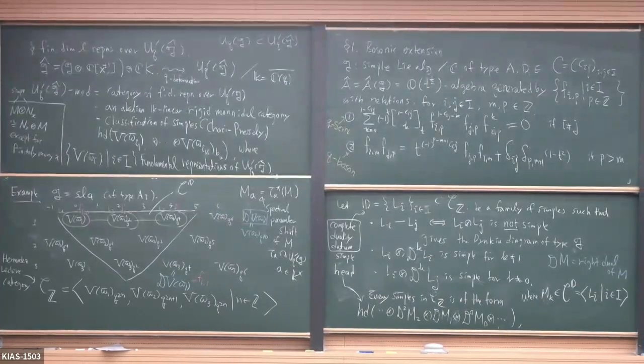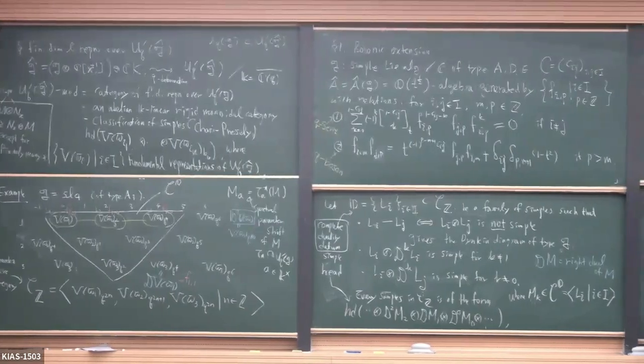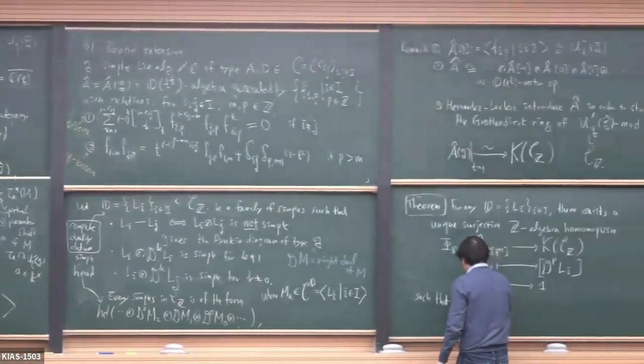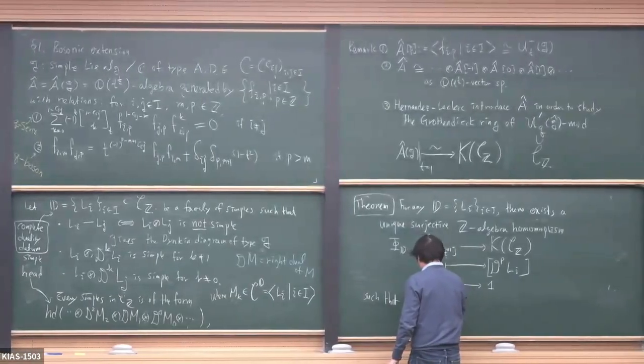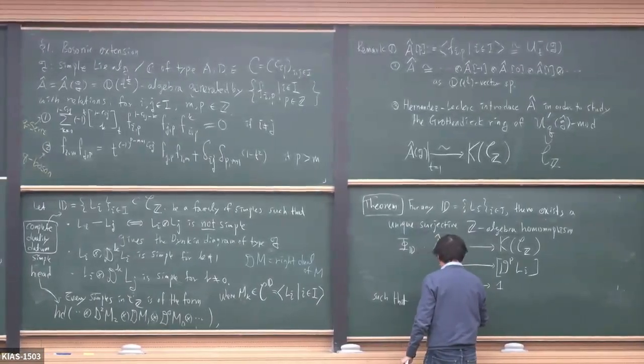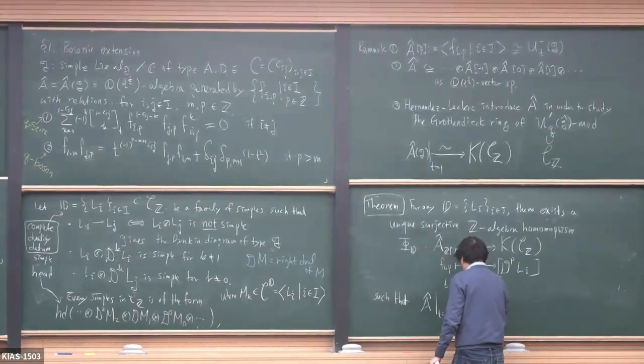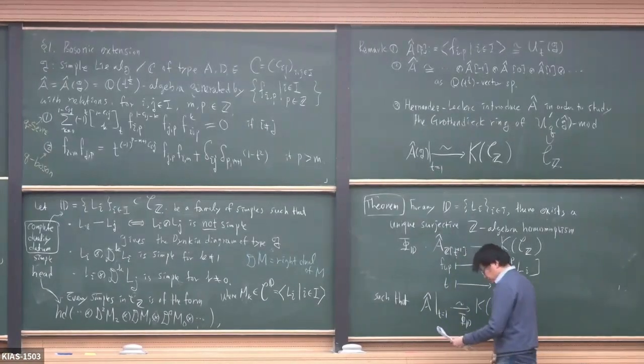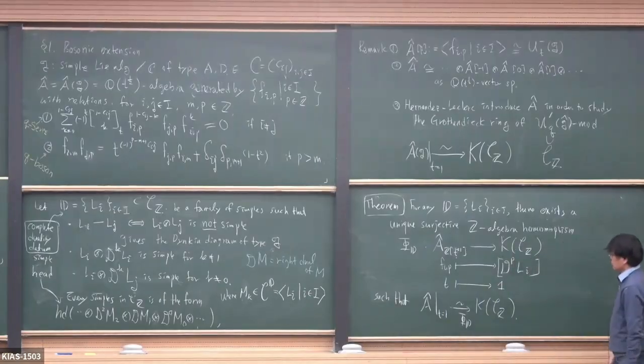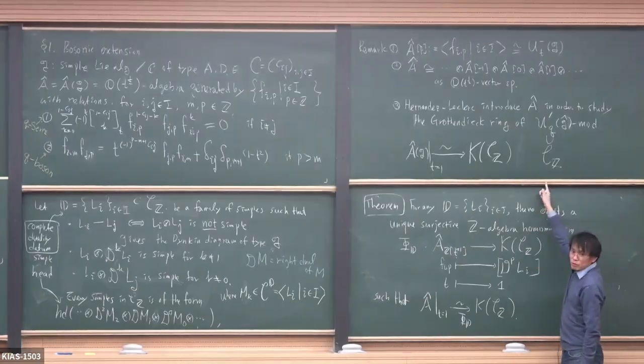And such that when t equals 1, it gives an isomorphism: A hat at t equal 1 is isomorphic to the Grothendieck ring. This is the statement for number 3 here.